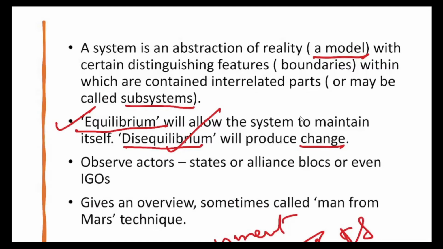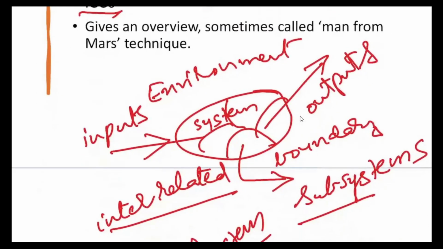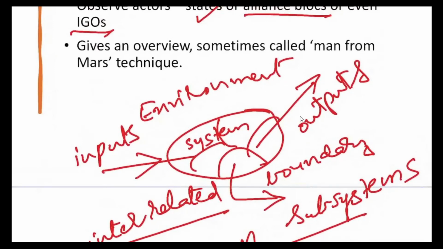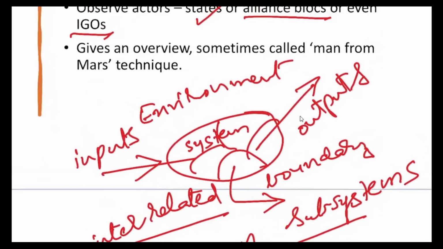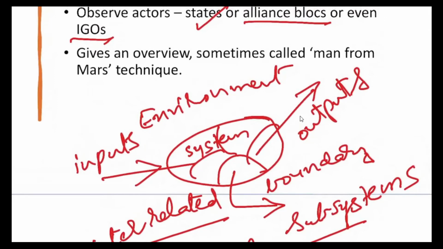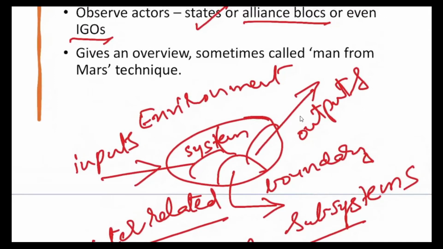And the actors in the system are called states or alliance blocks, or even IGOs, intergovernmental organizations. These are called actors in the system. So you think about the entire thing. So this gives a broader view of the system, which is also called the man from Mars technique.